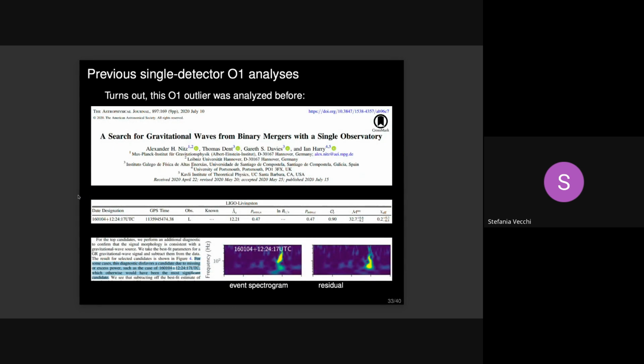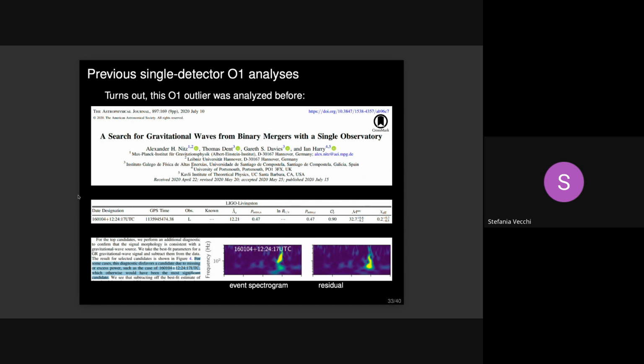And so we started to look at whether other people had noticed the same thing. There was a paper before that analyzed gravitational waves from binary mergers in a single observatory, so in a single detector mode. Indeed, they had the same glitch. It was observed only by LIGO Livingston.